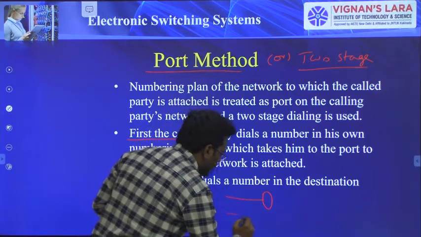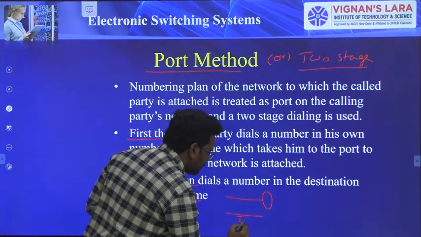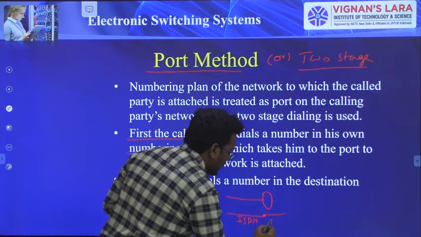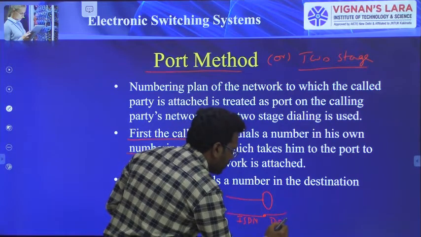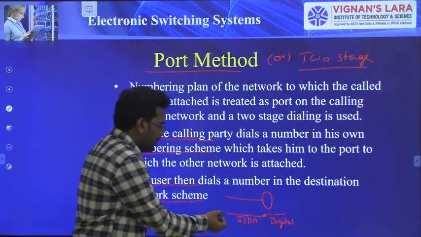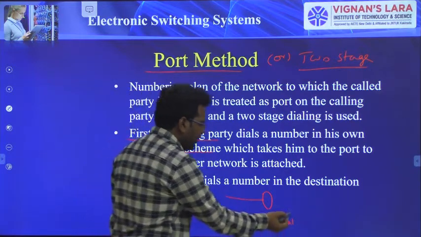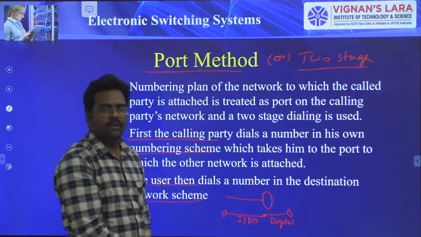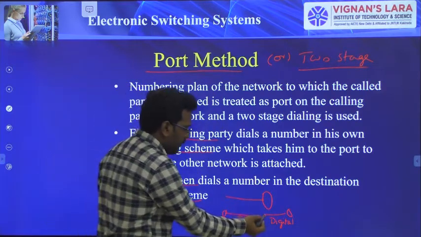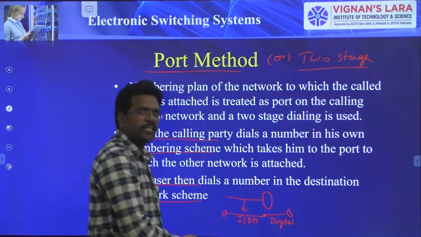For example, if this comes under ISDN and this comes under digital, take the case where I want to establish a connection between a person in ISDN and a person in digital. Here, up to this interface you have to use the numbering scheme of ISDN.